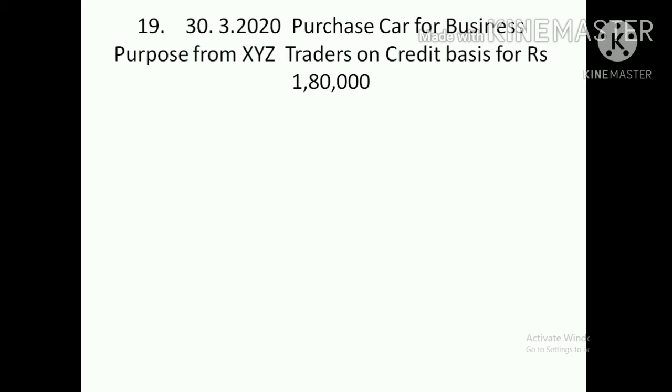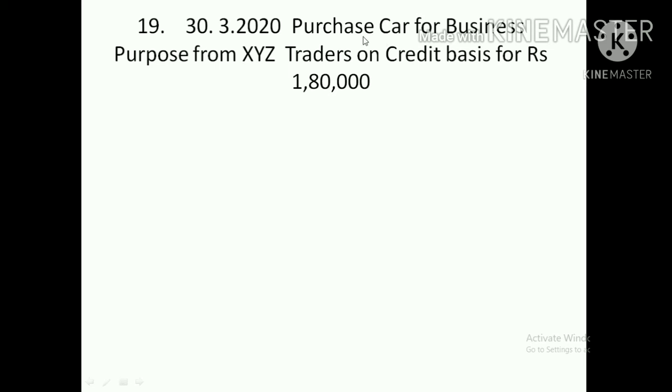passed for the entry? In this situation, when the company is purchasing some assets either in the form of cash, that time record it in the form of payment voucher.